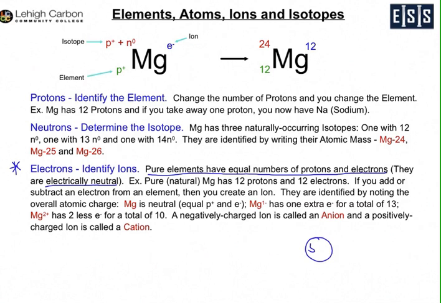If we had 5 protons in your nucleus and 5 electrons flying around, it's called electrically neutral. It balances completely, and that's how nature likes to behave. It wants to be neutral. If it's a positive or negative charge, it's not neutral. It's not balanced, and it tends to react with other compounds around it.